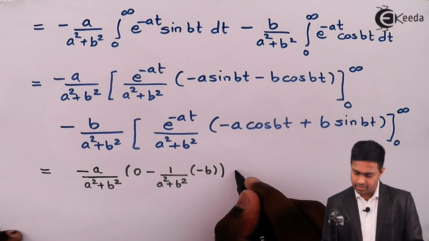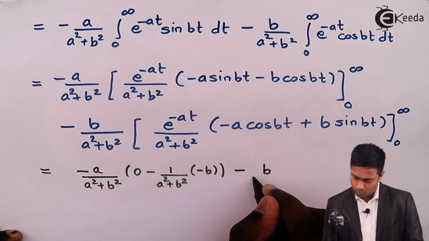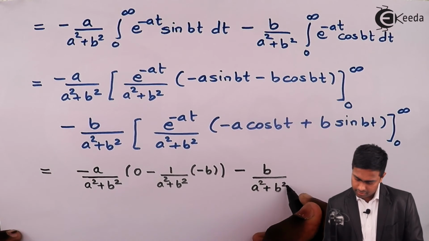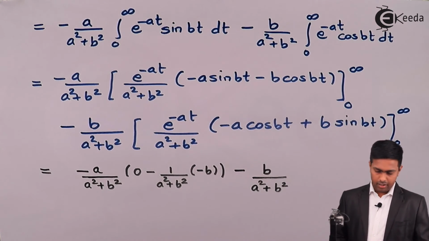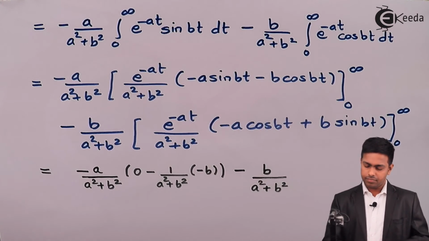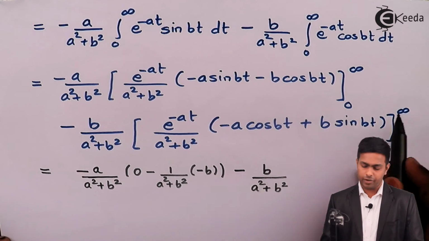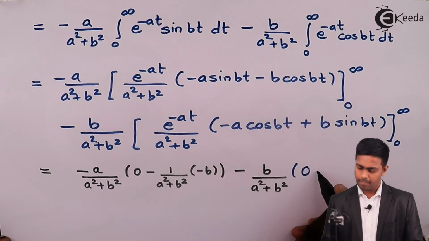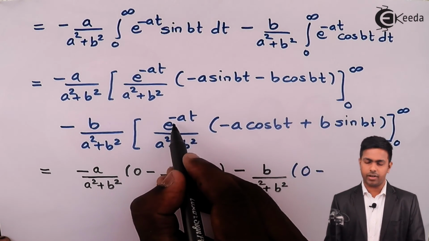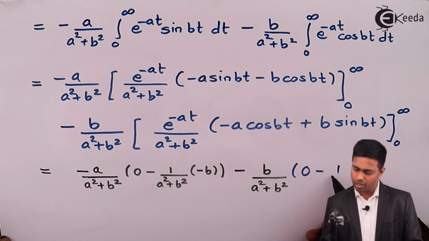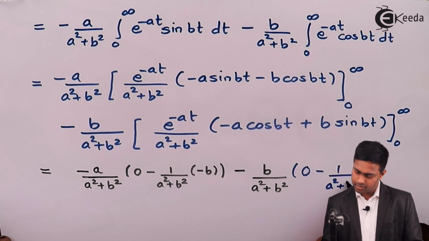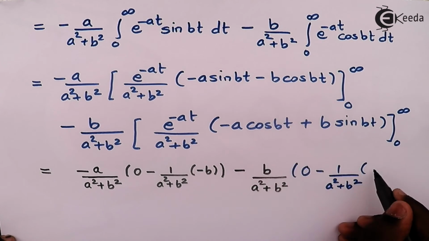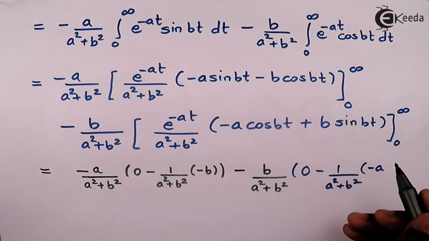Next, minus b upon a square plus b square. Then here we'll put infinity, so e raised to minus infinity is 0, minus, by putting 0 here we'll get e raised to 0, that is 1 upon a square plus b square in bracket, cos 0 is 1, so we'll get minus a, sine 0 is 0.